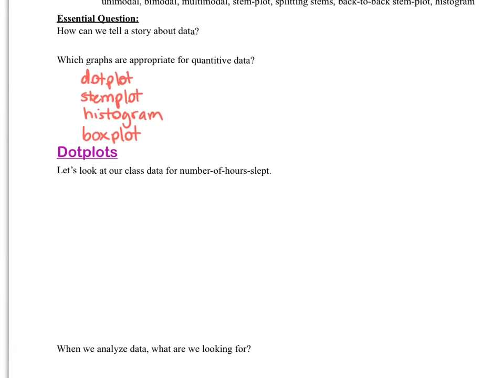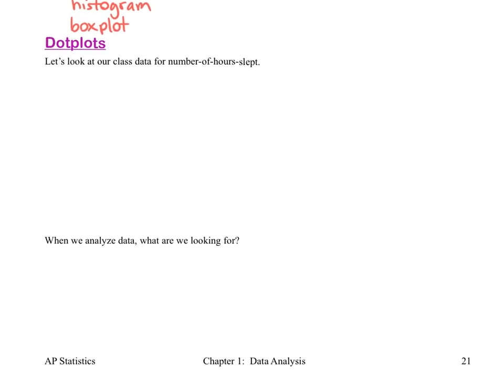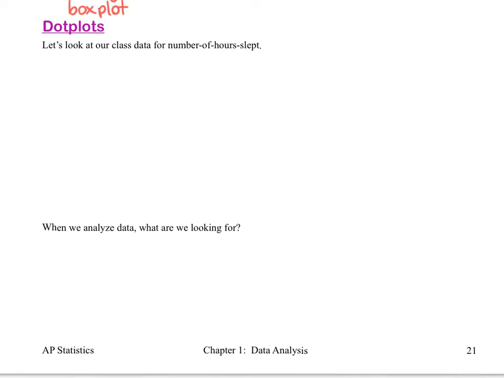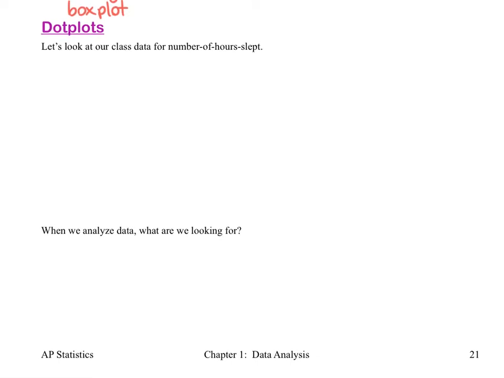So what we're going to do to start with is graph from our class data a dot plot on the number of hours our classmates slept on the night before we took the survey. Now the first thing we need to do is figure out how to scale our data, and what that means is we need to know what the minimum value is and what the maximum value is, and we have to decide, are we putting in half-hour values?